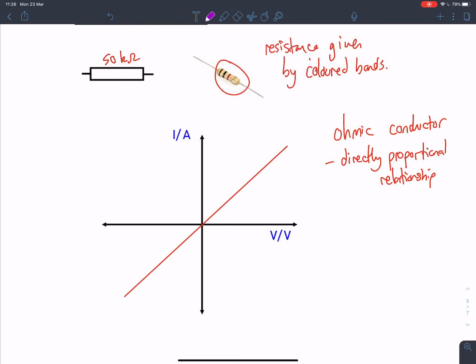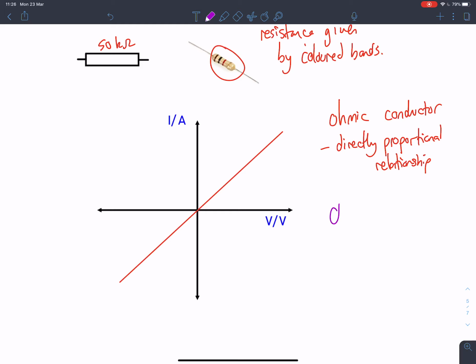So given this relationship, how could I find the resistance? Well, we know Ohm's law is given by V equals IR. If I rearrange that, I'm going to end up with R equals V divided by I. So for this circuit, how could I find the resistance?